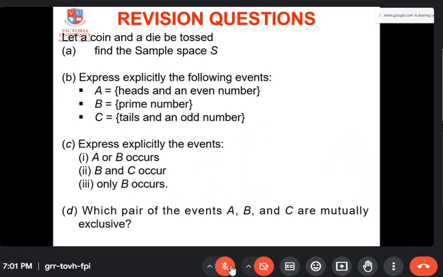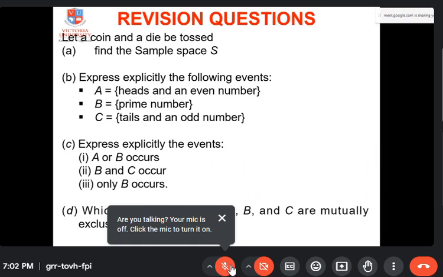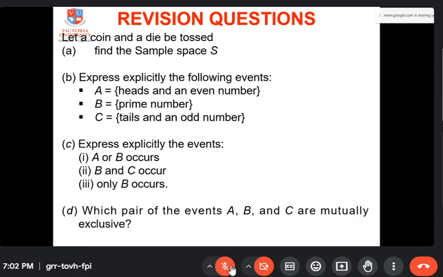Then what do we have in only B? Three H and 5H.